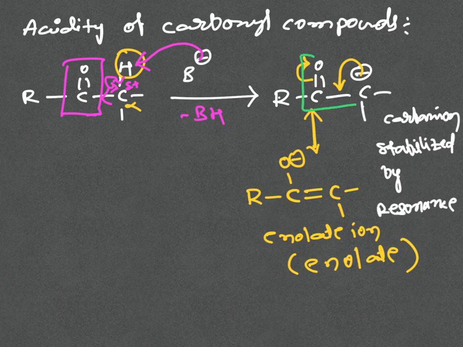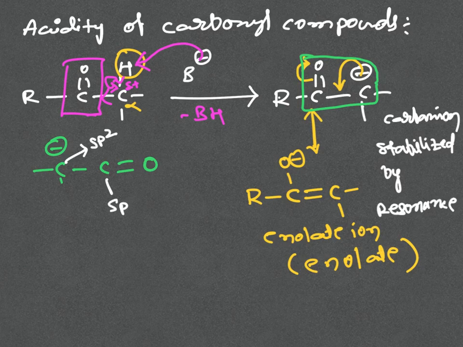this portion of the molecule: carbon with negative charge and C double bond O. Here I am writing carbon, C double bond O. Carbon is having a negative charge, and the remaining part I am removing here to understand simply. Here this carbon is undergoing sp2 hybridization, the carbonyl carbon is undergoing sp2 hybridization, and oxygen is also undergoing sp2 hybridization.